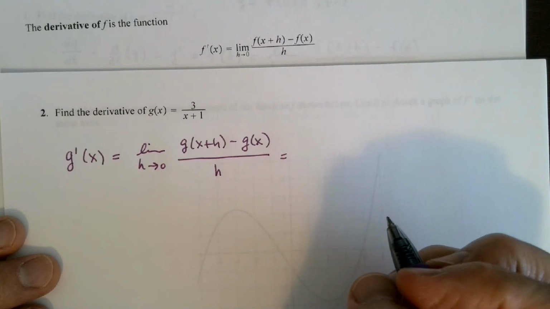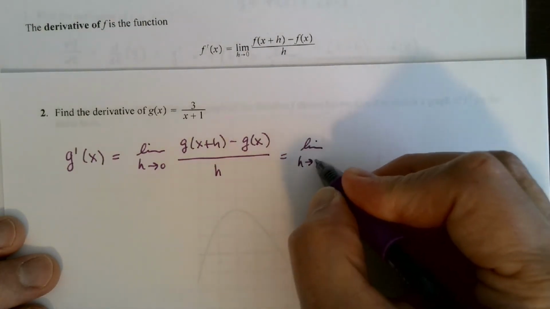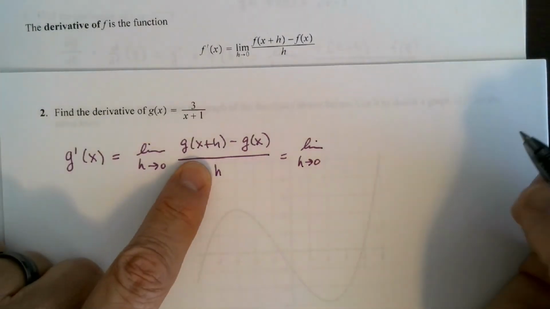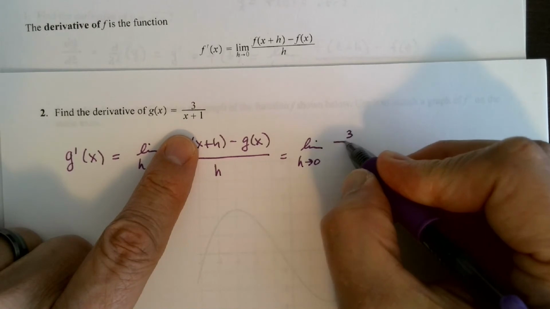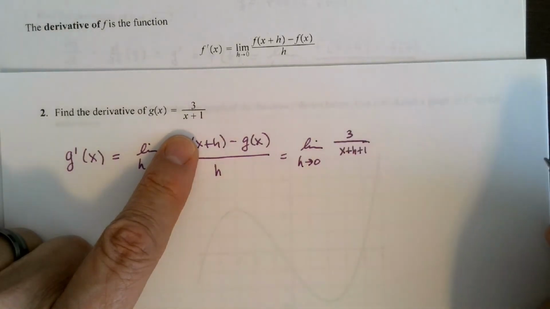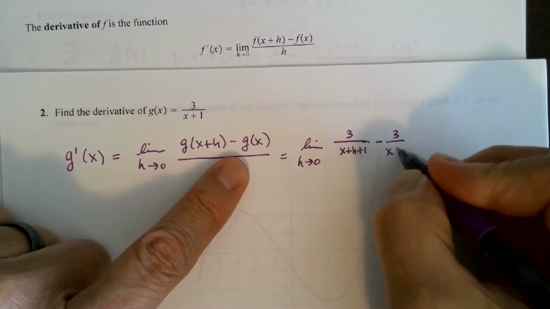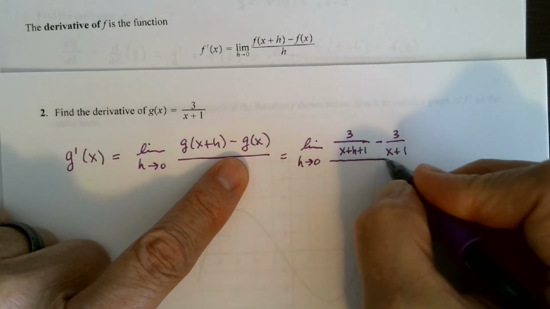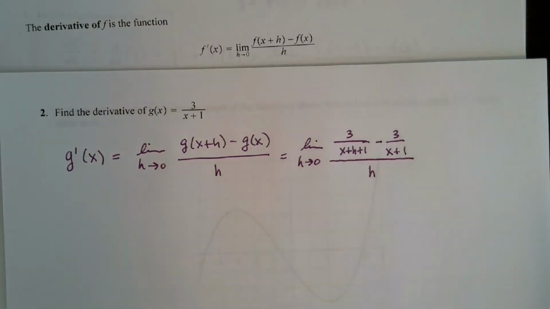So this is the limit as h goes to 0. What's g of x plus h here? Replace x with x plus h. I get 3 divided by x plus h plus 1. That's g of x plus h. What's g of x? That's just 3 divided by x plus 1, all over h.